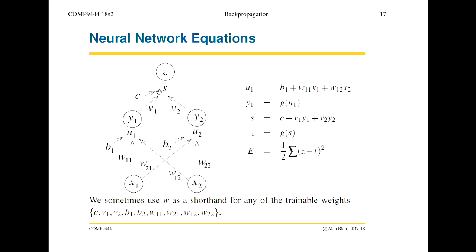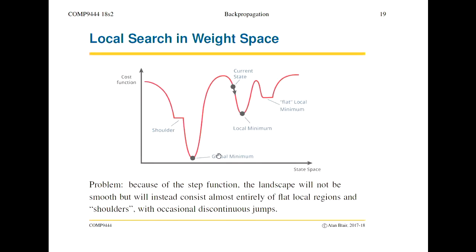If I want to know the derivative of E with respect to W11, I can use the chain rule. I calculate the derivative of E with respect to this, then the derivative of this with respect to this, and then the derivative of this with respect to this, and multiply them all together. These computations are not hard, but they're very, very tedious.